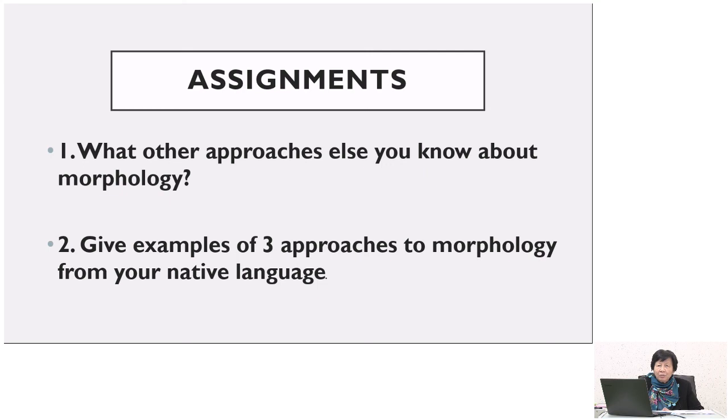For example, if you are to get the meaning of house, you have to get one vowel, ban, and you have to get the tone. It must be the falling tone only.